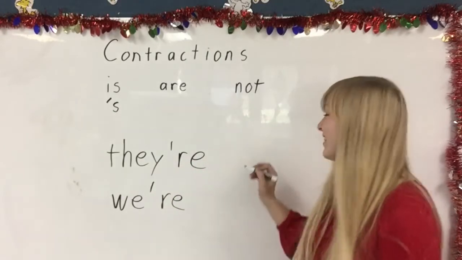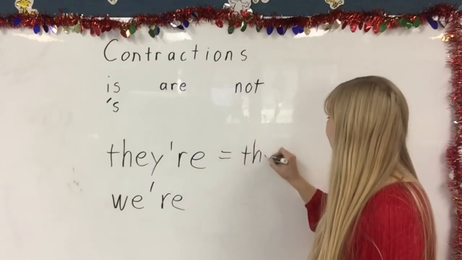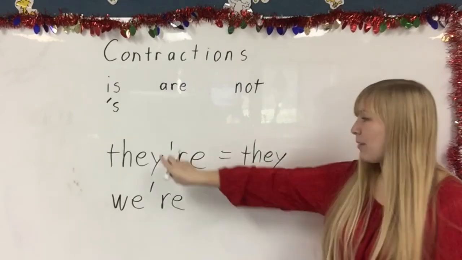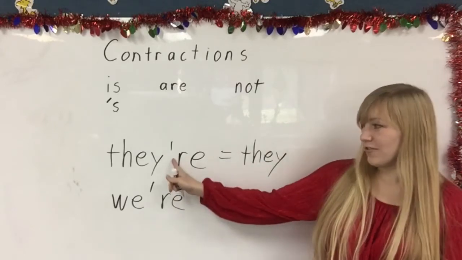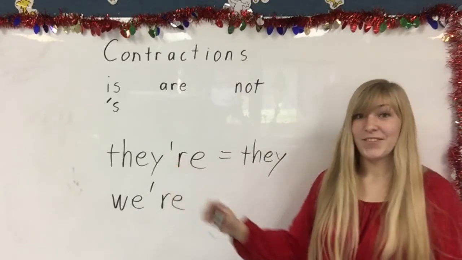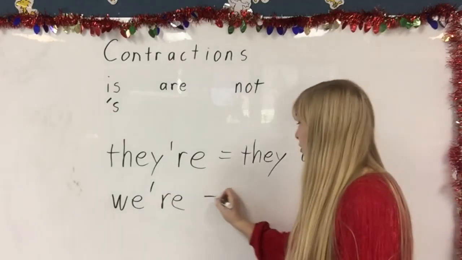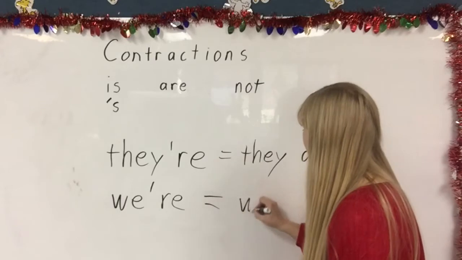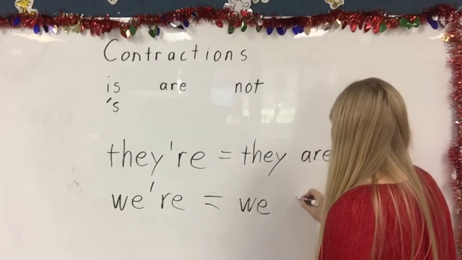Two words. Copy the first part, they. And what does apostrophe RE mean? What does our apostrophe stand for? A, right. They are. We're means, copy the first part, we are, right.